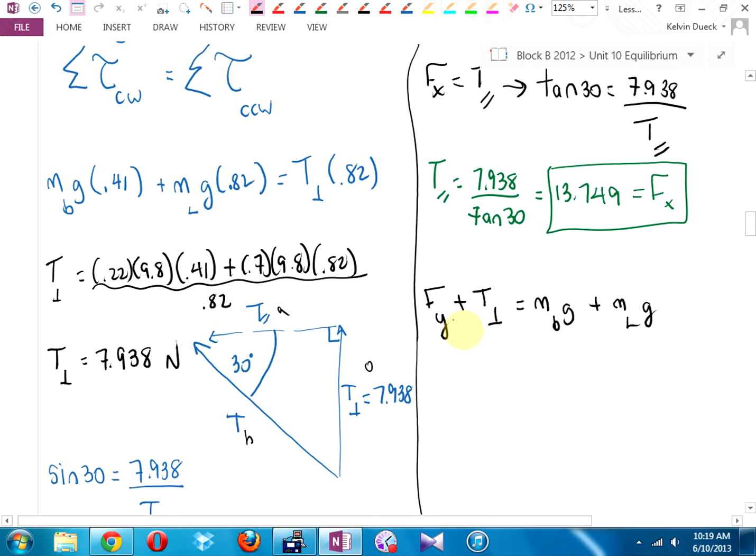How would you get Fy by itself? So Fy is going to be, what was the mass of the beam? 0.22 times 9.8 plus 0.7 times 9.8 minus 7.938.